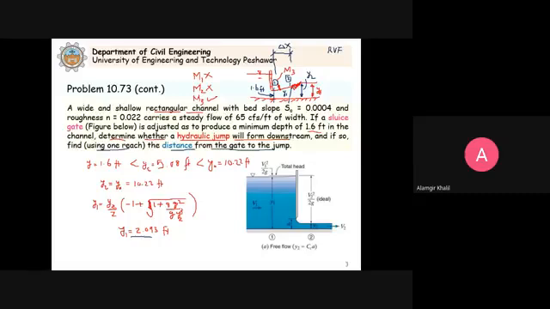From the gate to the jump, this is an M3 profile. So to calculate this delta x, we can apply the gradually varied flow theory.